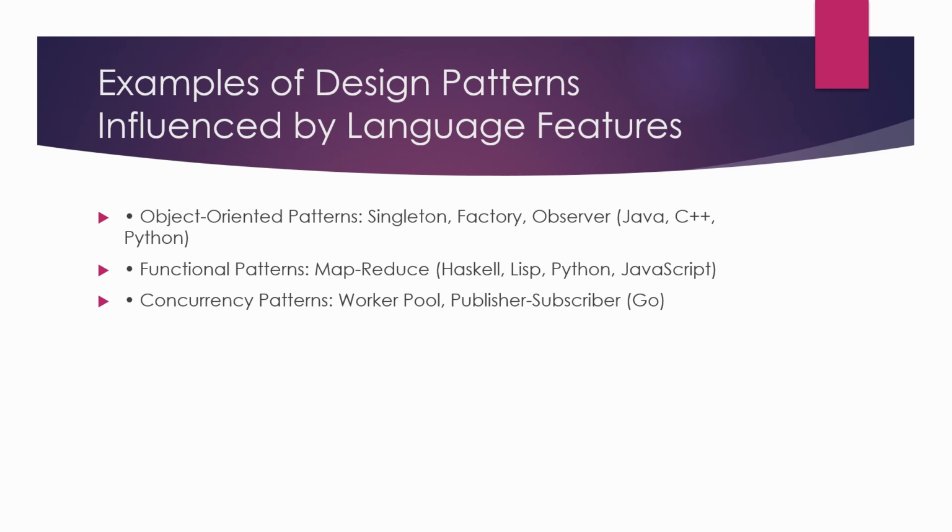In functional programming languages like Haskell or Lisp, patterns like MapReduce are more prevalent as these languages emphasize immutability and the use of higher order functions. Modern concurrency languages like Go make use of patterns like the worker pool and publisher subscriber to manage multiple tasks concurrently using lightweight Go routines and channels.